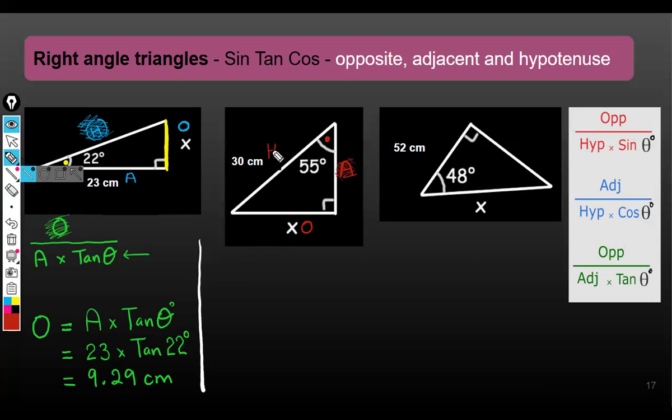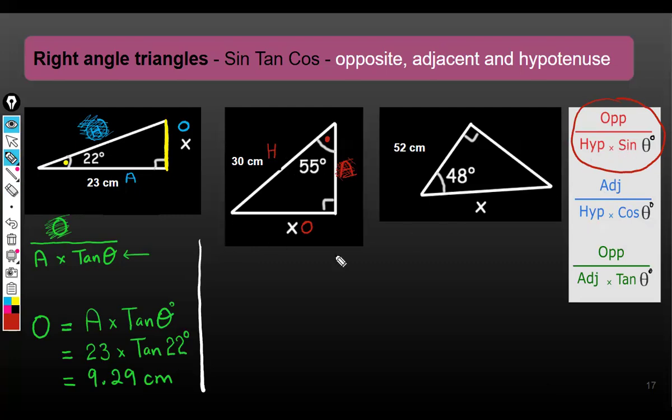We're looking for the one with the H and the O. To me, that's the red one. The red one has H and O. The blue one has A and H, so it could not have been the blue. It's red. Right. So now the chosen formula for this particular situation is the red.